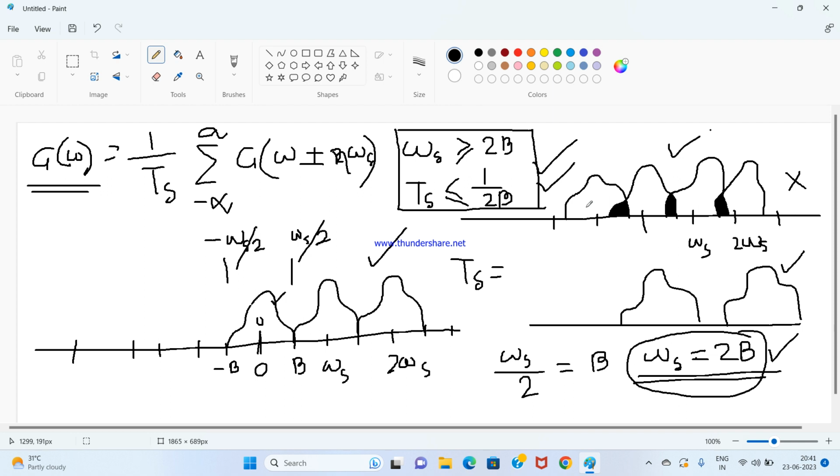Otherwise it is not possible. So again, if the spectrum of the signal is band limited to B hertz, then the sampling rate at least should be 2B or higher than that.